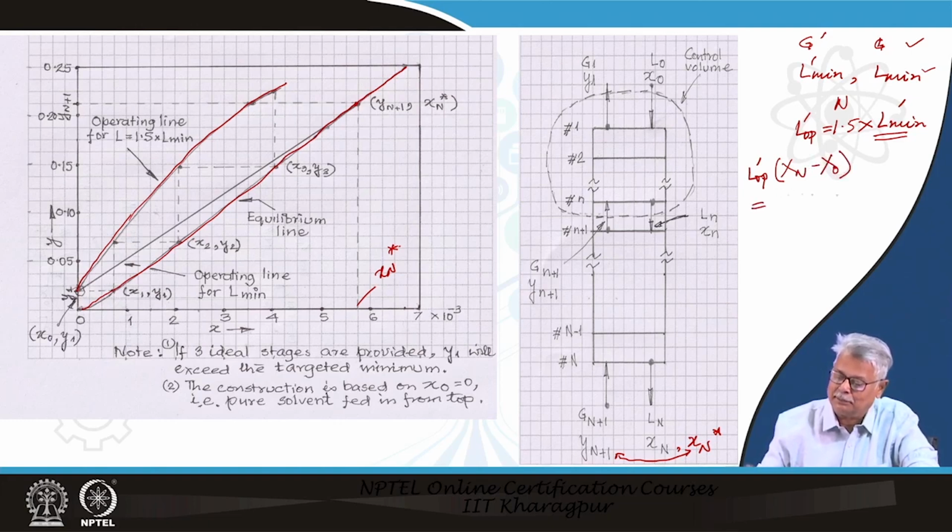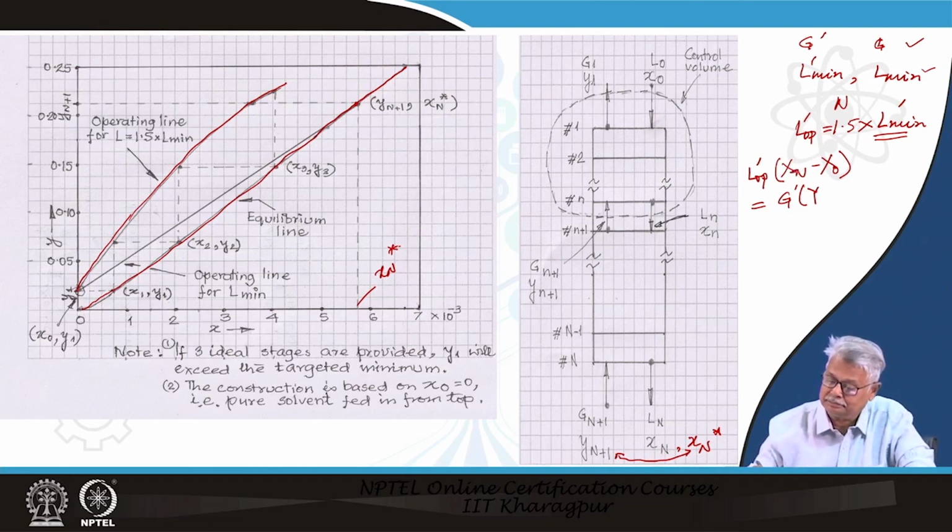That is the pickup of my solute, which also has to match the pickup of my solute from the gas phase. The gas phase enters with a composition of Y. Sorry, this we can put a small n, and this will be n plus 1, and whatever goes out is with a composition of this.